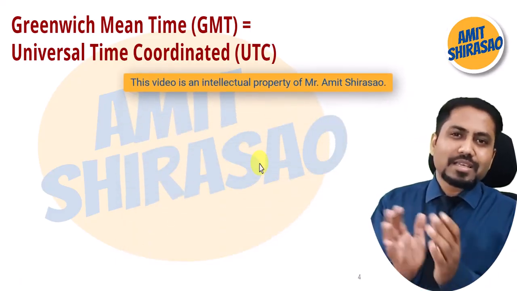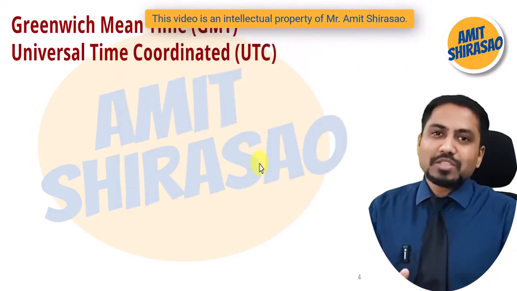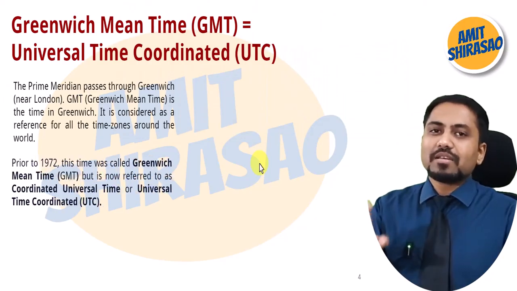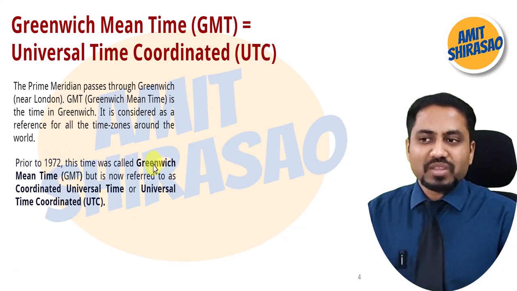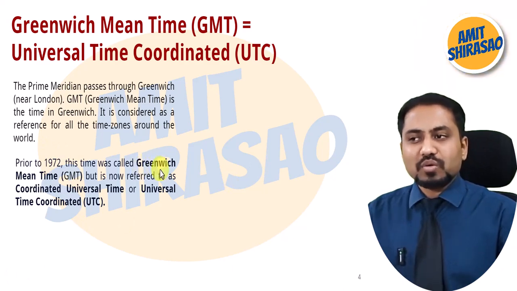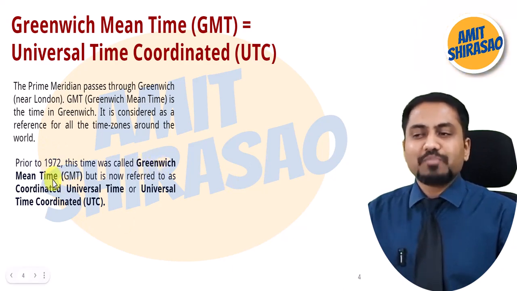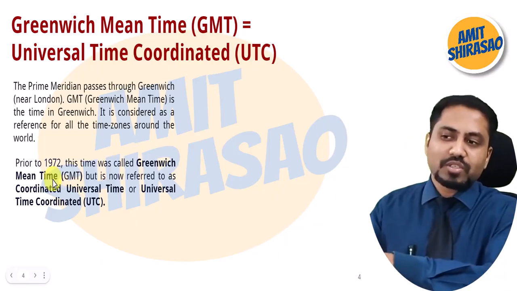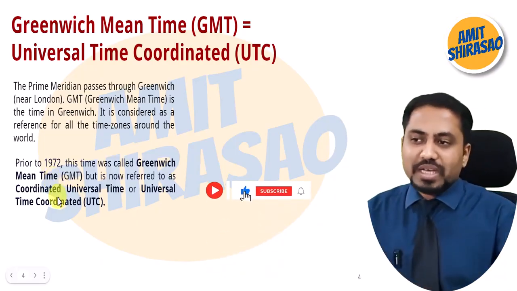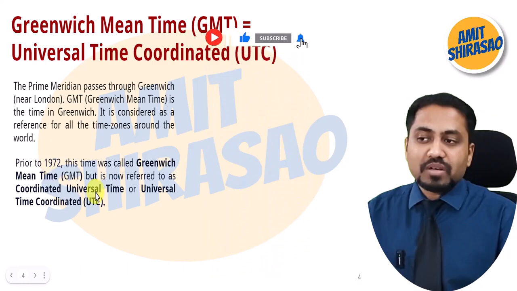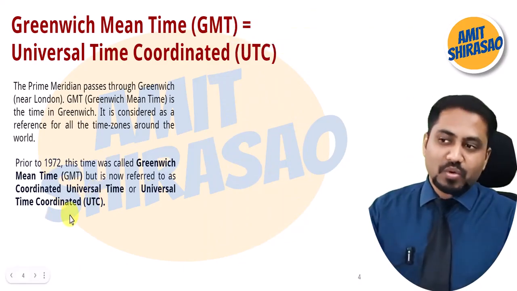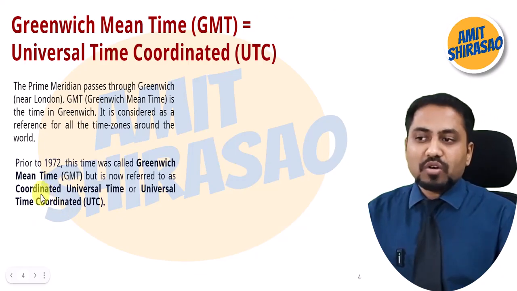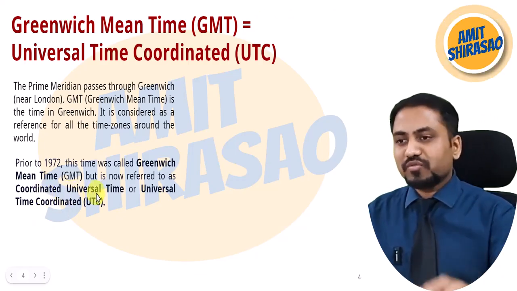After 1972, Greenwich Mean Time itself is being called Universal Time. Up to 1972 it was called Greenwich Mean Time, and now it is referred to as Coordinated Universal Time or Universal Time Coordinated. Okay, so Coordinated Universal Time is also another name of UTC.